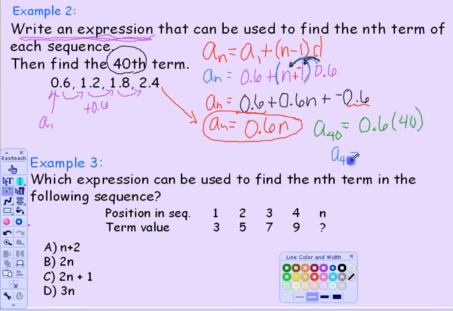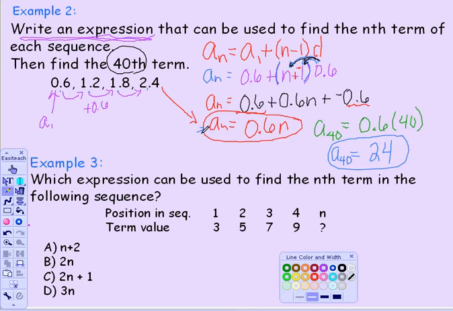So a sub 40, the 40th number in the list, 0.6 times 40 is 24. That's the 40th number in the list. You could also take this sequence and write all 39 terms out and add one more 0.6 to get the 40th term, but that's going to take you a while to write all 40 terms out. My suggestion, go with this equation and use that shortcut.